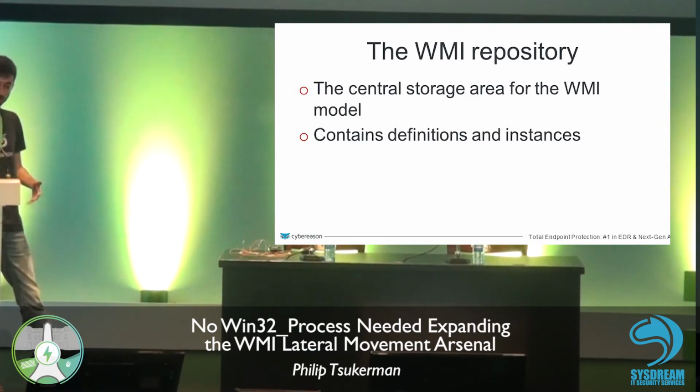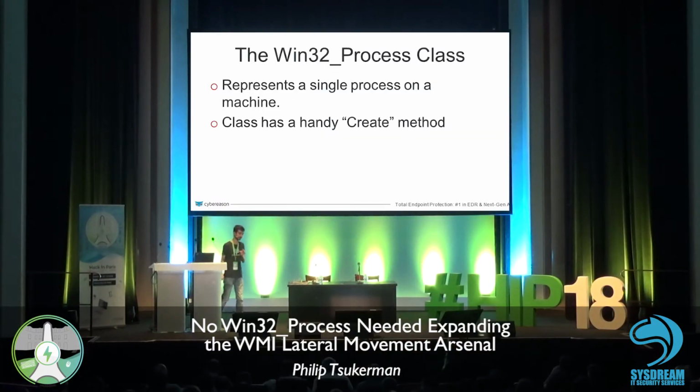So if we now go back to the Win32 process class, we can somehow understand how this whole lateral movement technique works. The Win32 process class, as I've said, represents a single process on a machine. And this class has a method called create, which basically is an abstraction of create process.